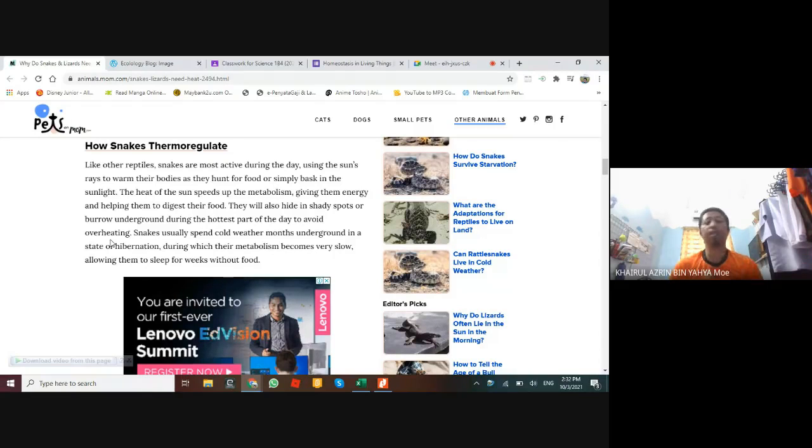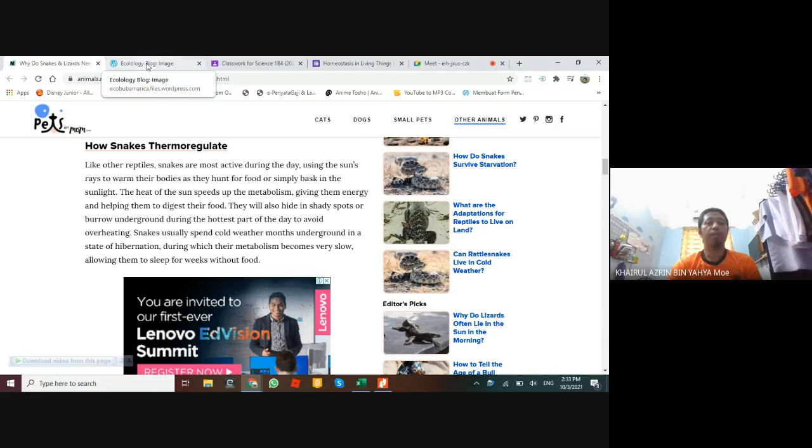Snakes usually spend cold weather months underground in a state of hibernation, during which their metabolism becomes very slow, allowing them to sleep for weeks without food. So in the cold season they can hibernate, sleeping for a very long period, maybe weeks or months, without food, tanpa makan. So that is for snakes.